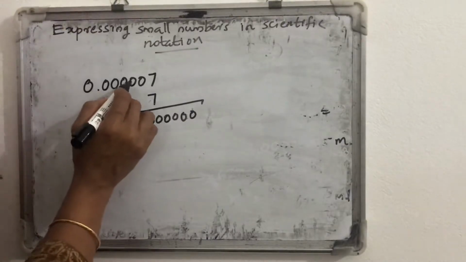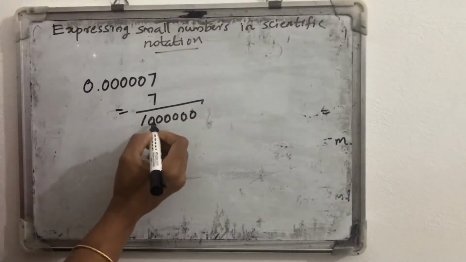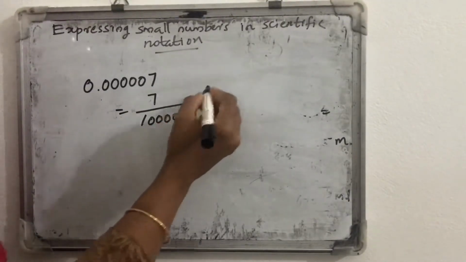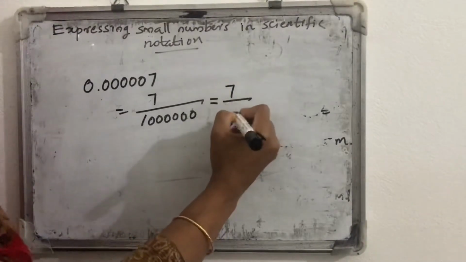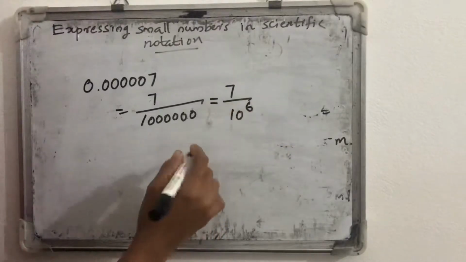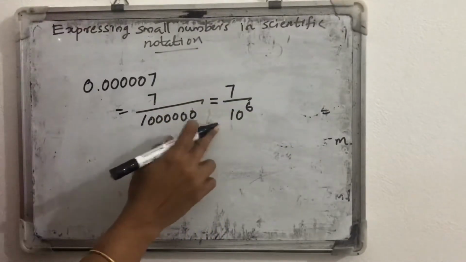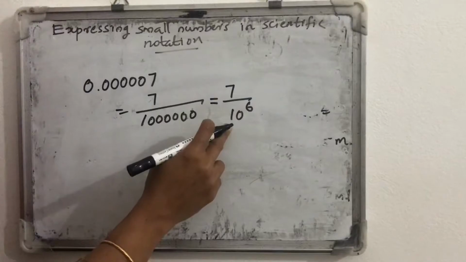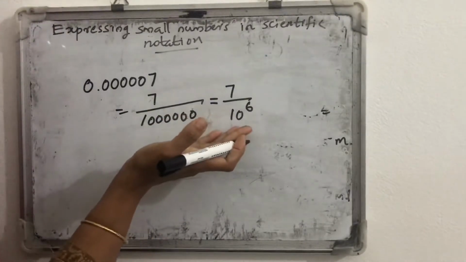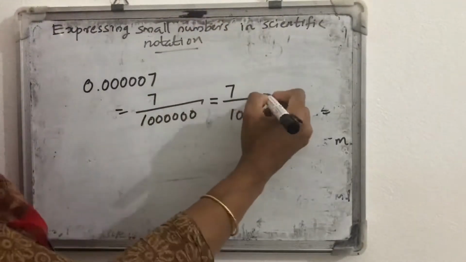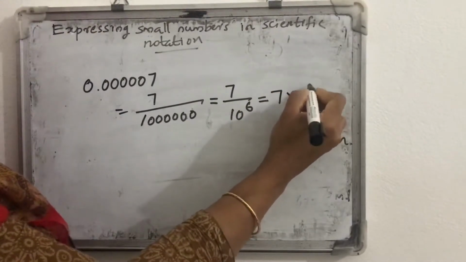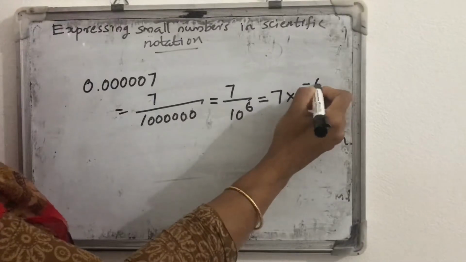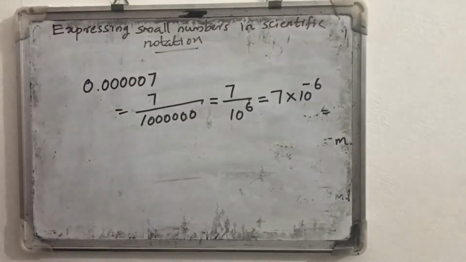We can write it as 7 by 10 raised to 6, in power form. And when we convert this into numerator form, using that law, we can write this as 7 into 10 raised to minus 6.